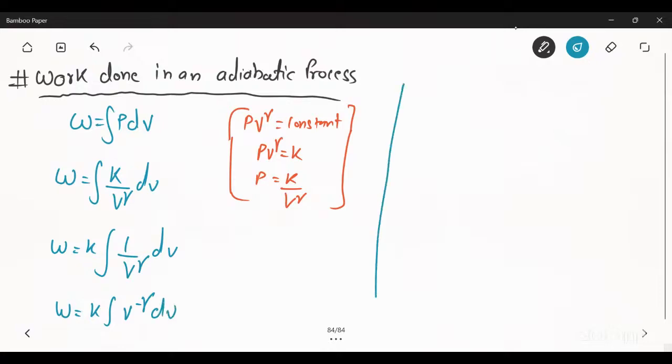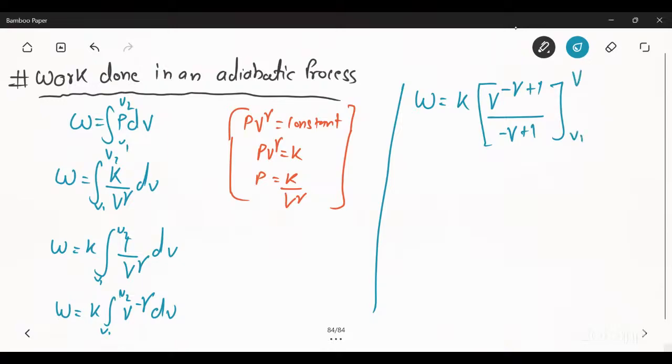So if you integrate, you will get W equal to K times V to the power minus gamma plus 1 upon minus gamma plus 1, applying the limits V1 to V2.